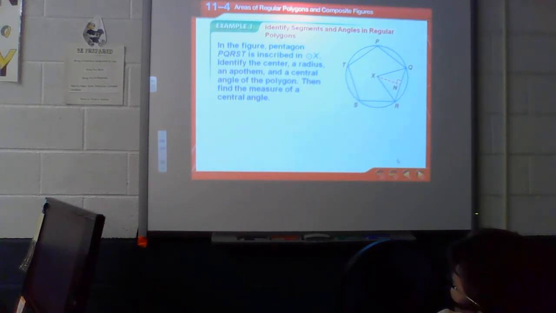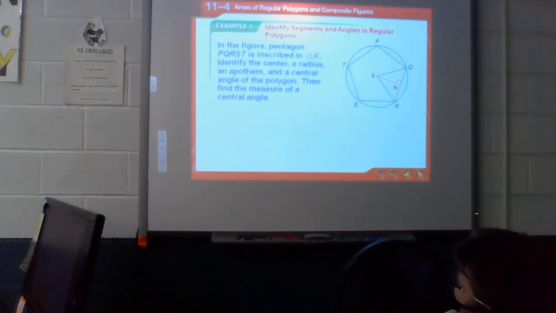Then find the measure of a central angle. Now, realistically, they probably should have put one more word in those directions. They should have said that in the figure, it's a regular pentagon PQRST. And that will enable us to get to all that stuff.